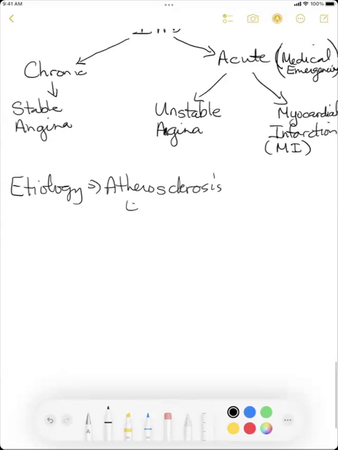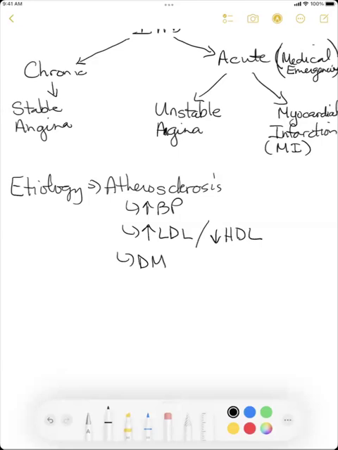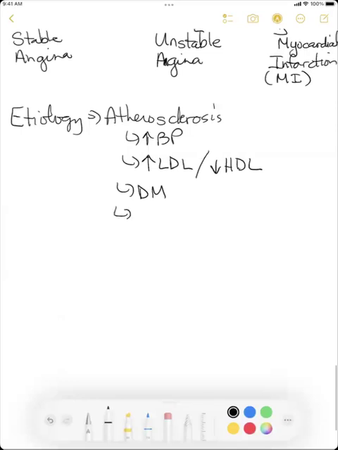So high blood pressure, problems with the cholesterol, so high bad cholesterol, LDL, and low good cholesterol, or HDL. Diabetes, we talked about the macrovascular complications of diabetes. That was an accelerated atherosclerosis of the coronary vessels and cerebral vessels. Obesity is associated with it.